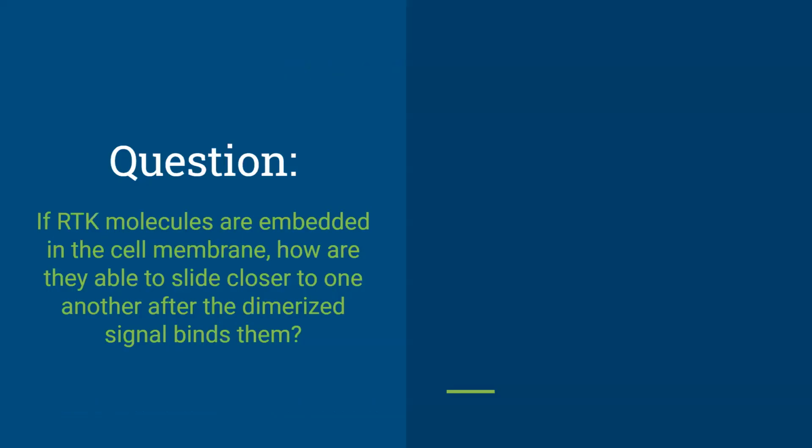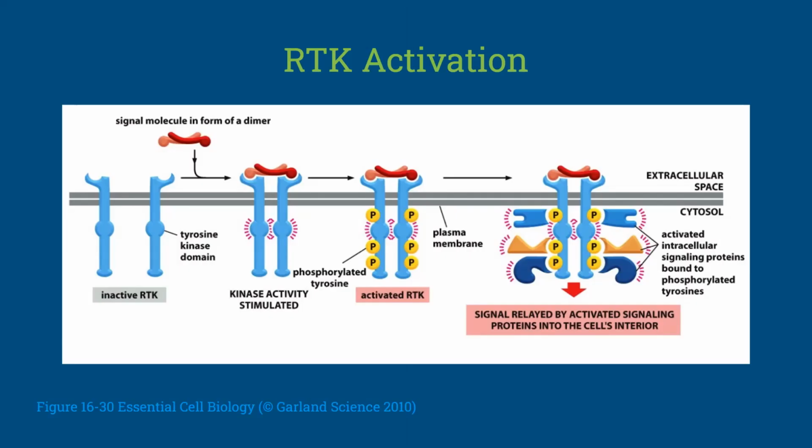So quick question before we move on. If the RTK molecules are embedded in the membrane, how is it that when the dimerized signal binds, they're able to slide closer to one another? And this is a little bit of a 151 review. I can go back to the diagram. So when this signal binds, how did these come together?